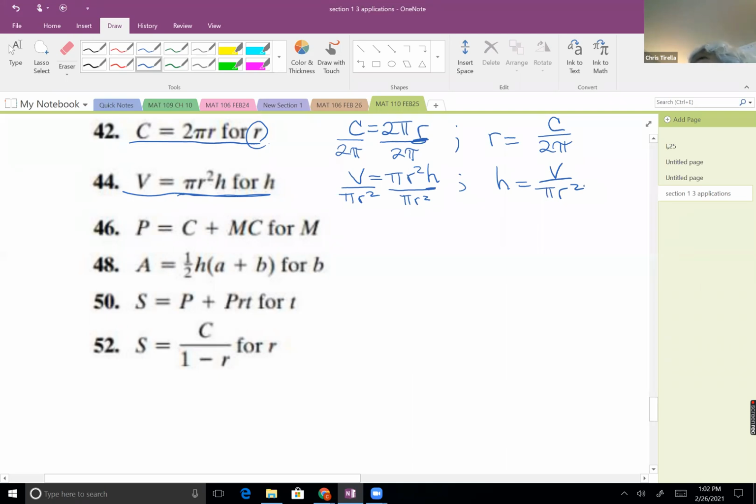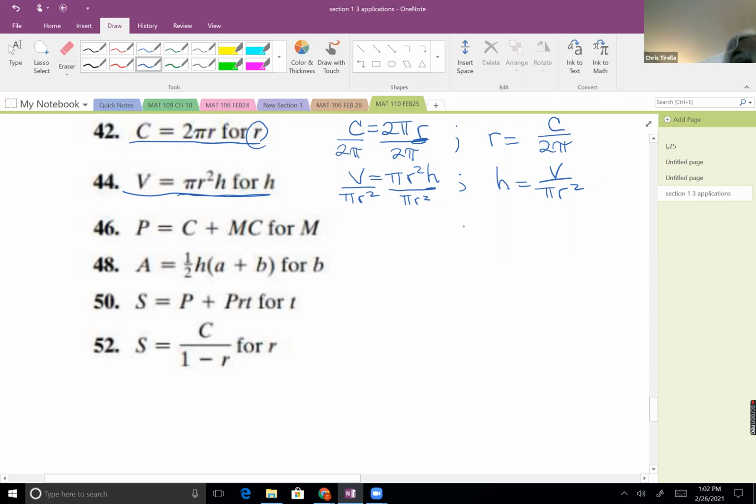Did anybody else get h equals v over pi r squared? Yep. Great.